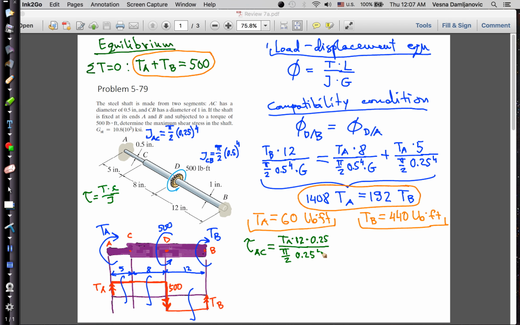Next, we calculate for the section BC, that's the one that includes that radius. So it will be, we have to stop here and think. So when you look at, now we know that this amount here is 60. So this one is actually bigger than that one. And this amount here is 440.